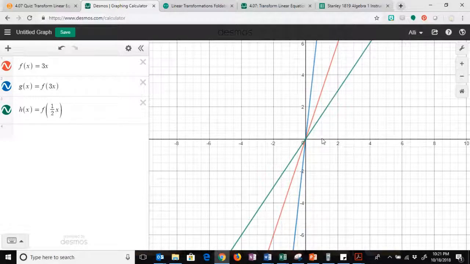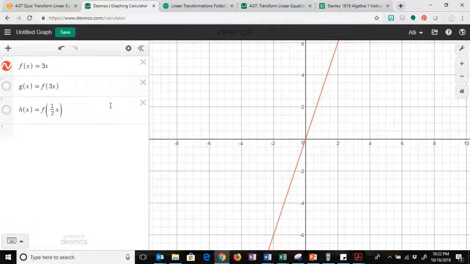So I wish you could see my hands. If you take your hands on either side of the x-axis and you push that red line, if I just look at that red line, if I push it to kind of squeeze it, it's going to get straighter. So it's going to have a steeper slope as I'm pushing it together.